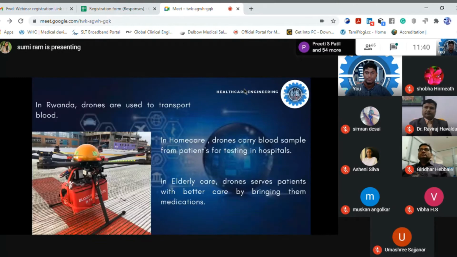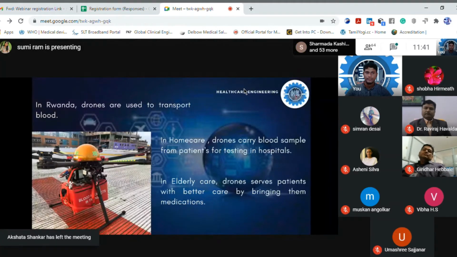In Rwanda, an East African country, drones are used to transport donor blood during the pandemic situation. This drone technology also makes it easier to provide home-based care or outpatient care. In case of an emergency, a blood sample can be drawn from the patient and immediately sent by drone to the lab for testing.